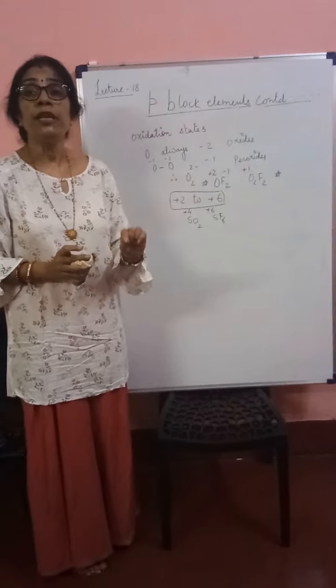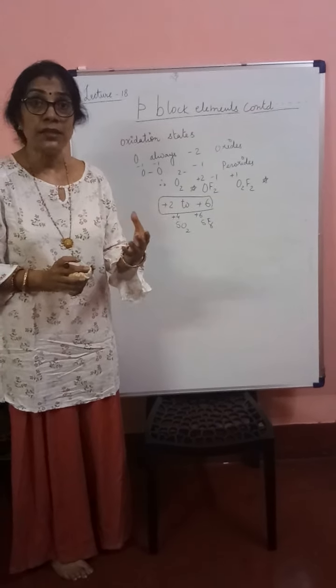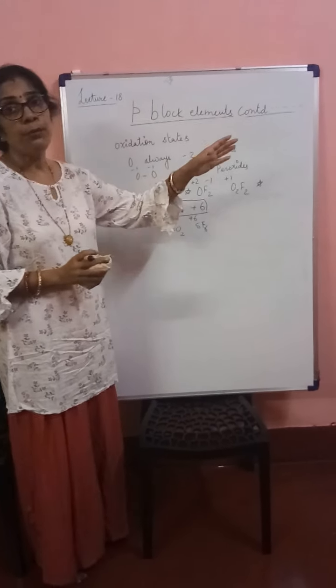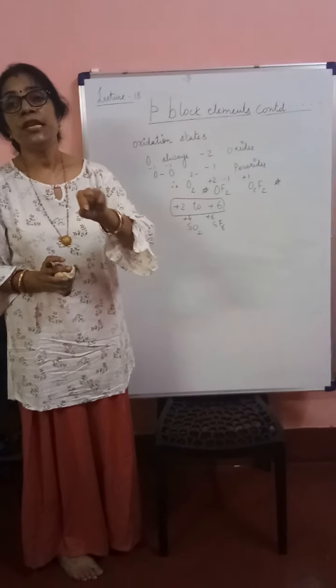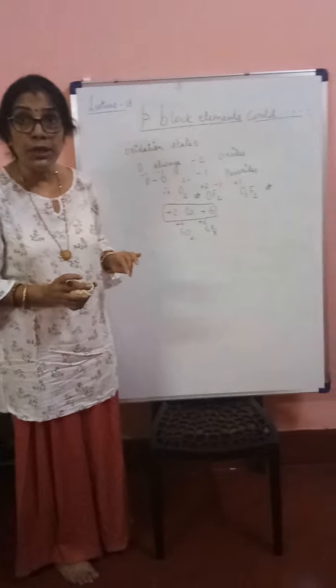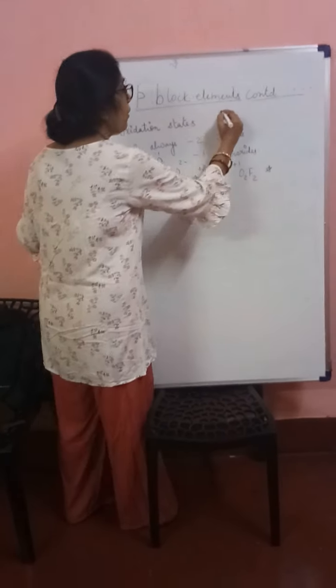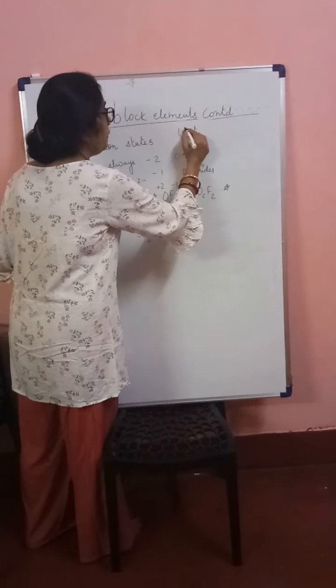So from +2 to +6, other elements have positive oxidation states as well. And one more important property which we have studied in class 11, that in case of p block elements, down the group, lower oxidation states become more common, and this is because of the inert pair effect.